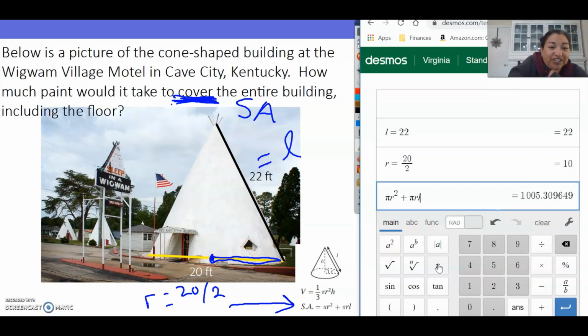So our surface area of this cone, if we were going to paint it, would be 1,005 feet squared. So we'd need enough paint to cover 1,005 feet squared. So I don't know about you, but that would be a lot of paint.